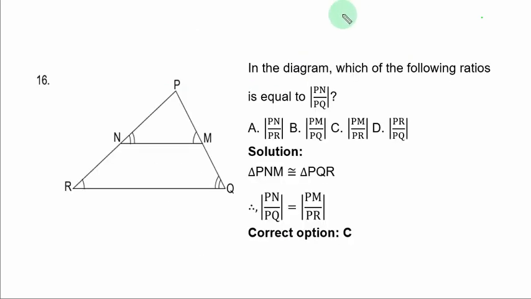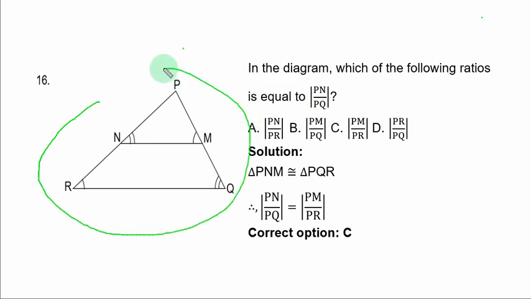Question 16. In the diagram, which of the following ratios is equal to PN over QN? We have two triangles here which are similar. You have triangle PMN approximately equal to triangle PQR.